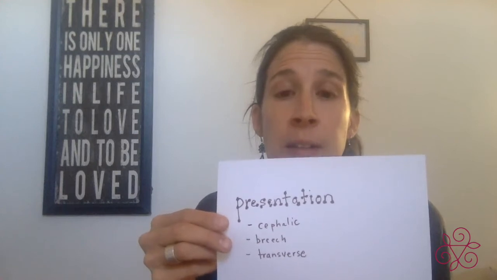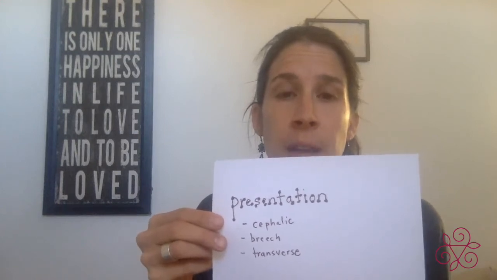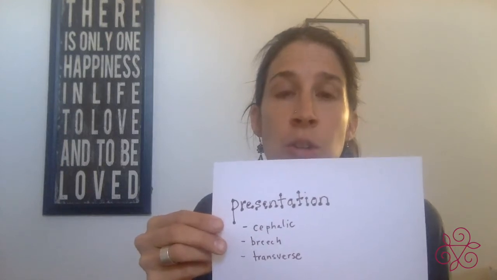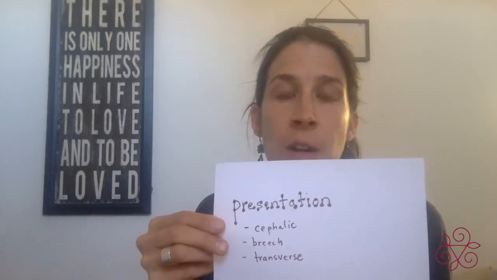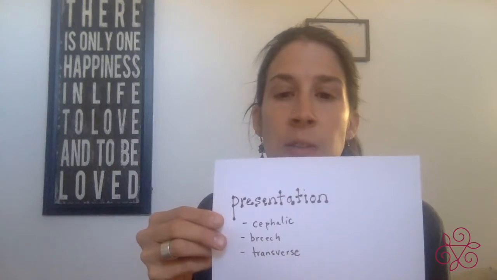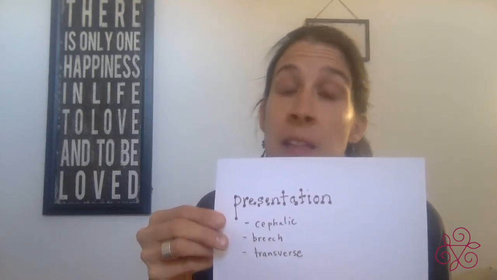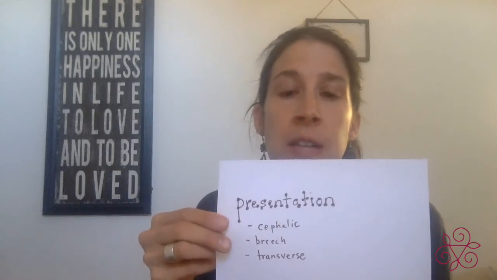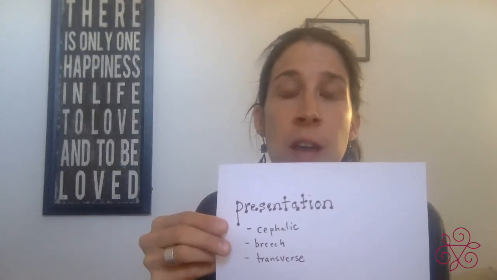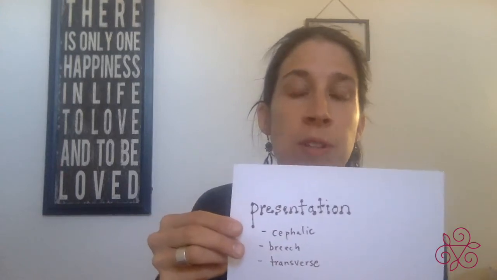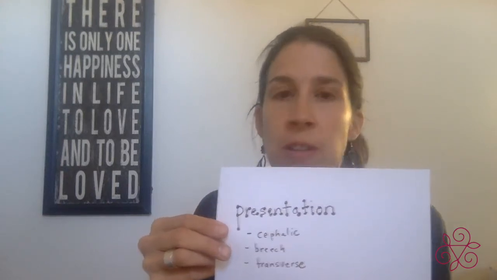So there are three possibilities there: cephalic, which is a fancy name for head down, breech, which is bottom down, and there are some other possibilities there as well. And then, of course, transverse, that is a lie, but it's also a presentation, because in the transverse lie or presentation, a baby will present its shoulder. So let's visualize some of those, or those three.